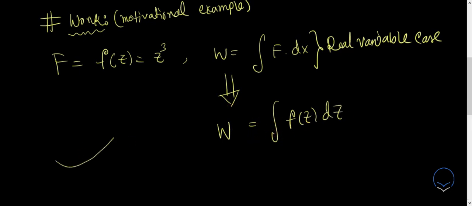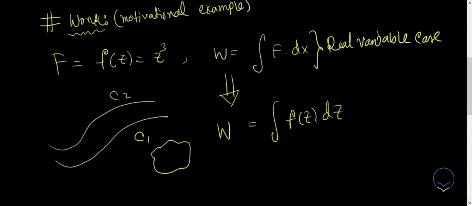And let's say there are many paths. Let's say this is a contour c1, this is a contour c2, there might be a contour c3, and this value of W will depend on the contour chosen over here.